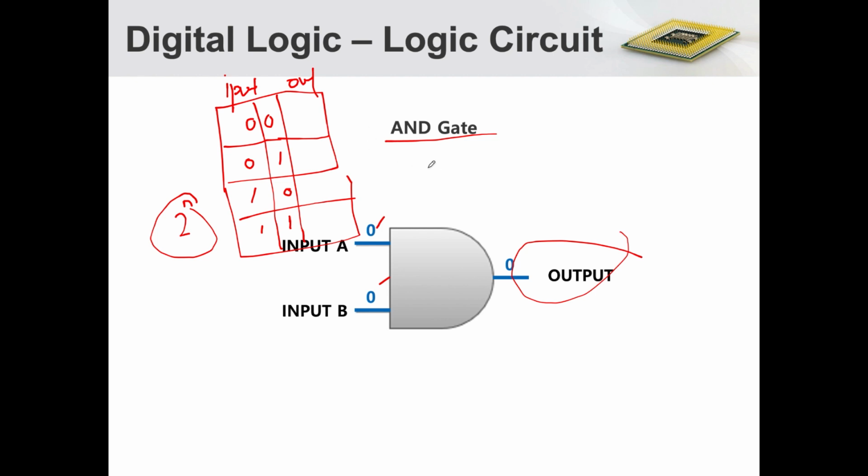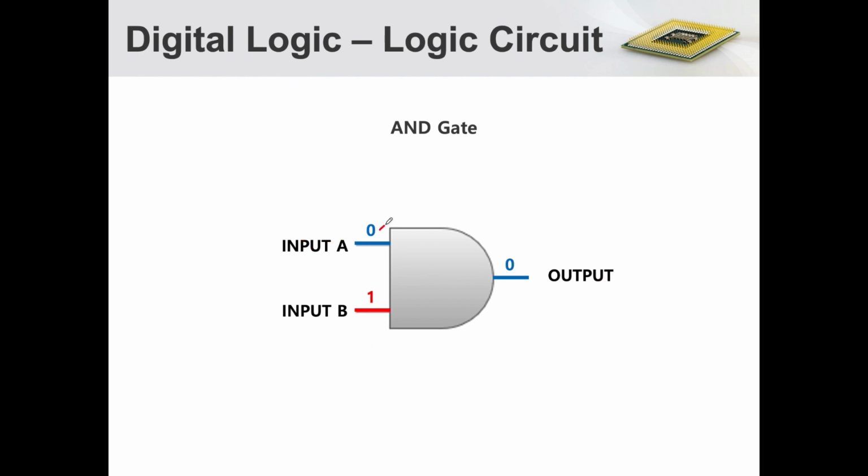And then over here, if let's say you have another example, which is 0 1, what you're going to get is 0 as the output. And if let's say you have 1 0 as the input, you also will get 0 as the output. And lastly, if you have 1 1 for the input, then the output changes to 1.